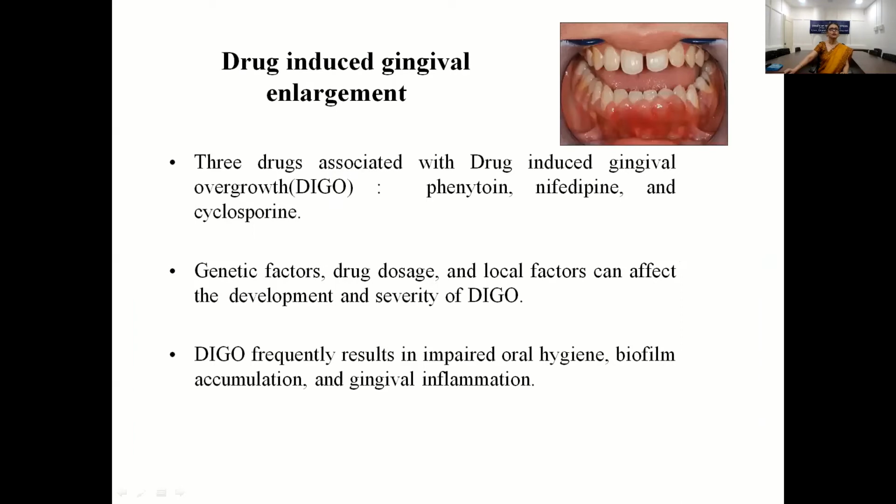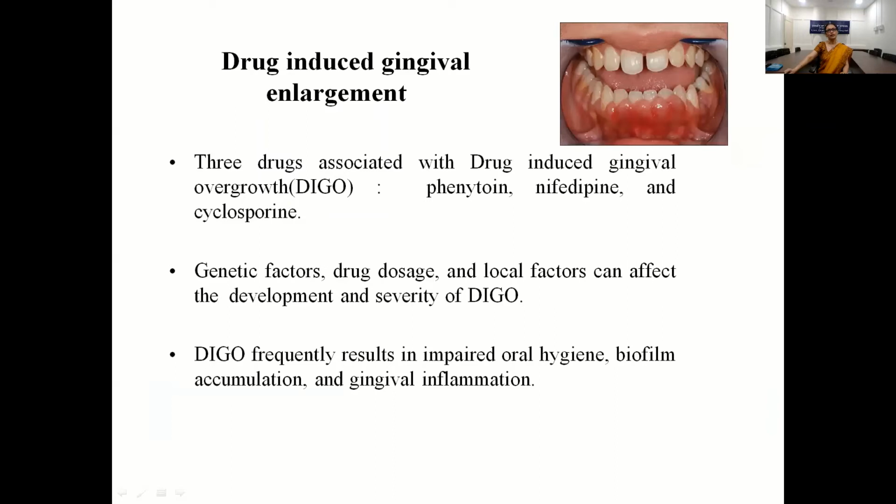Now we'll see about the drug-induced gingival enlargement. Phenytoin, nifedipine and cyclosporine are the three commonly involved drugs in drug-induced gingival overgrowth. Genetic factors, drug dosage and local factors can affect the development and the severity of drug-induced gingival overgrowth.